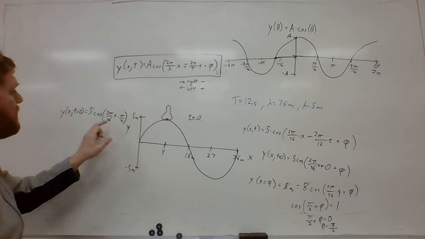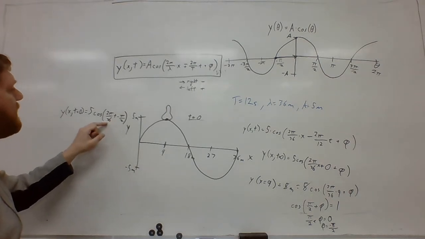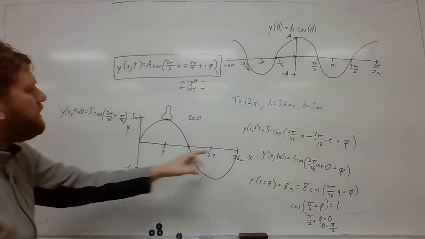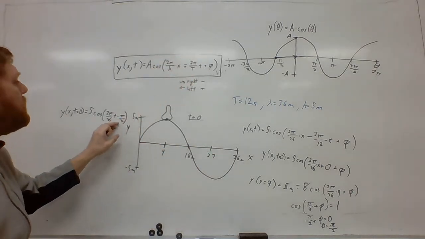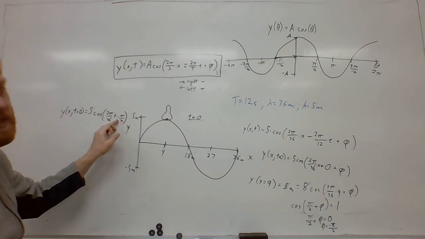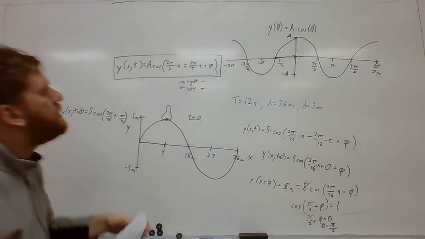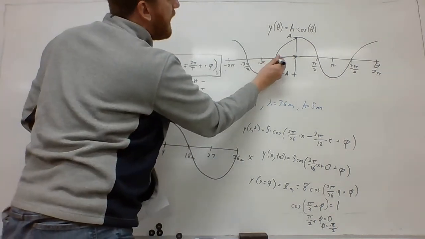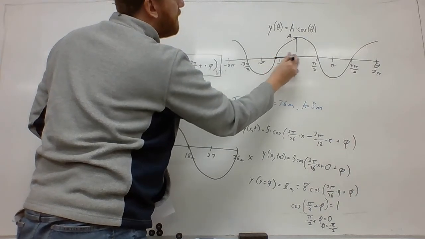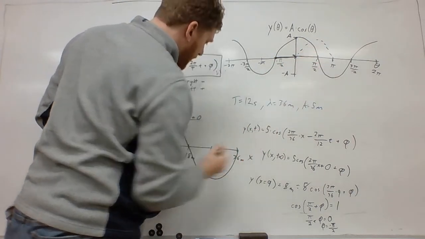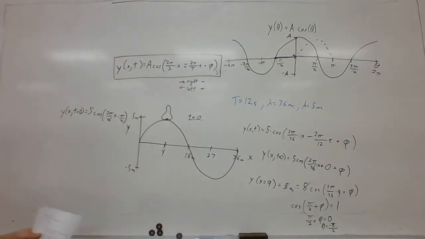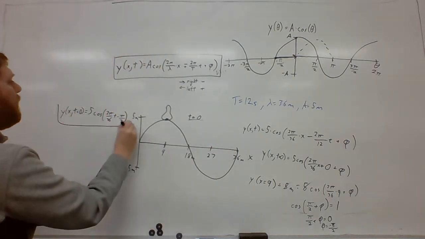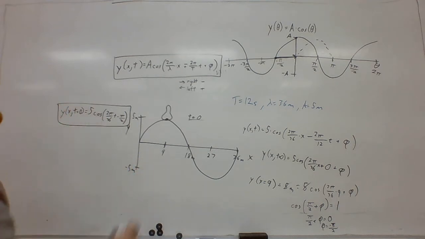Remember, this graph will have a horizontal axis with a period of 36. That's what we have here. And we're shifting our typical cosine graph to the right. If it's a negative, we're shifting it to the right by pi over 2. And so we're taking this value, shifting it to the origin, and we have a graph that starts like this. And that's the exact graph that we drew right here. And so now we have an equation that describes this graph.